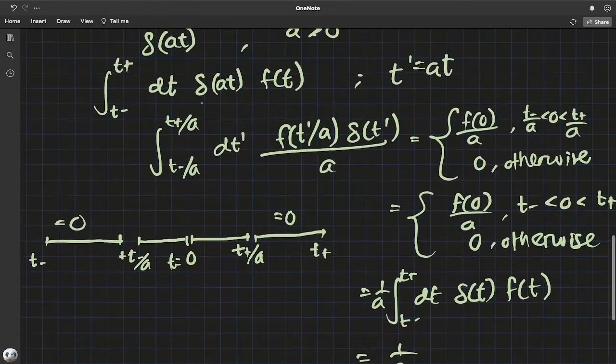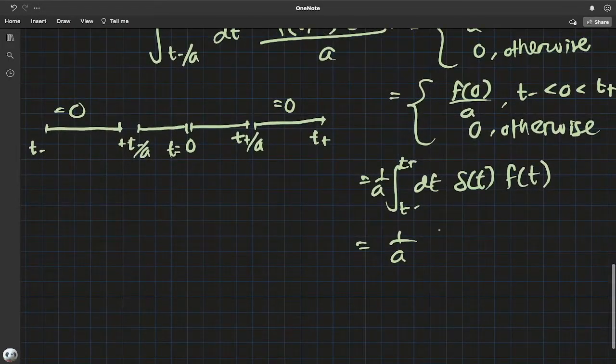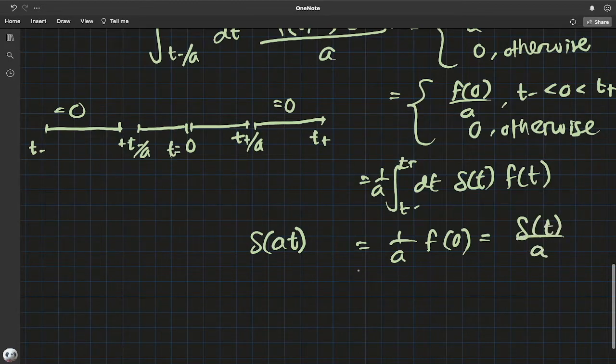So if we write them outside the integrals for the physicists and engineers out there, 1 over a f of 0 is equal to Dirac delta of a times t, for example, which is precisely Dirac delta of t over a.